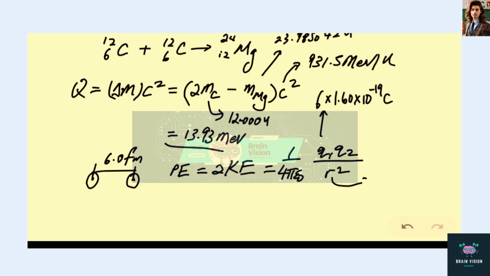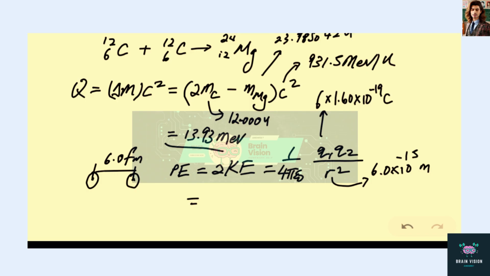The distance R is 6 fermis, so that is 6 times 10 to the power of minus 15 meters, and we will square this. The epsilon naught is a constant, the permittivity of free space.